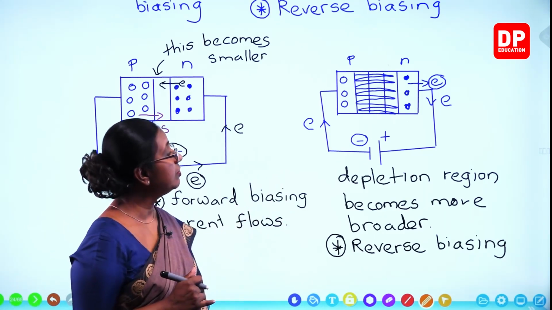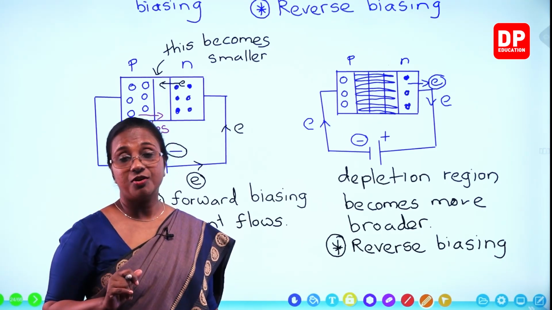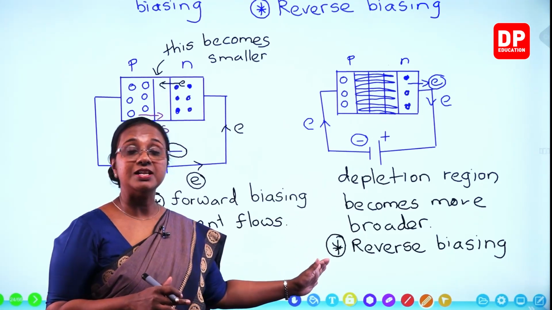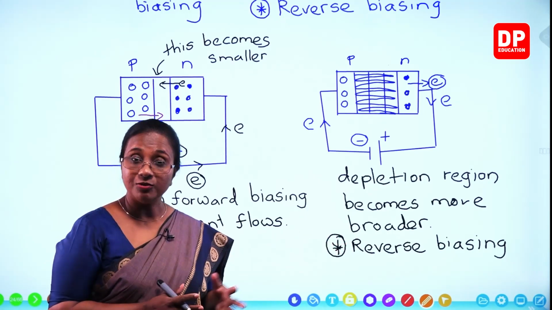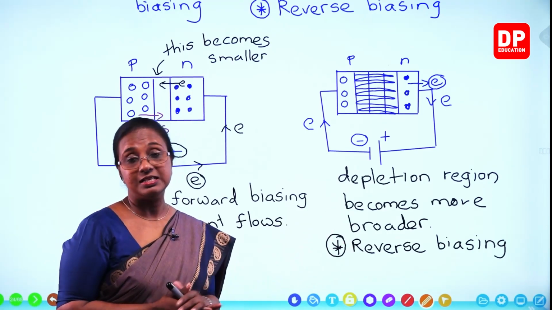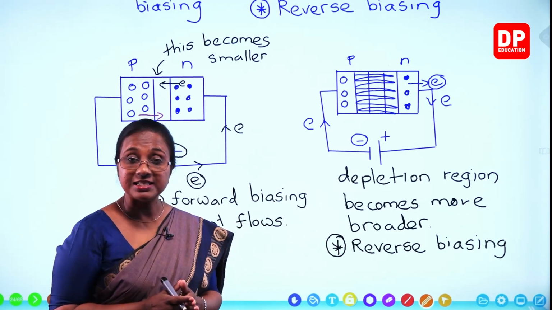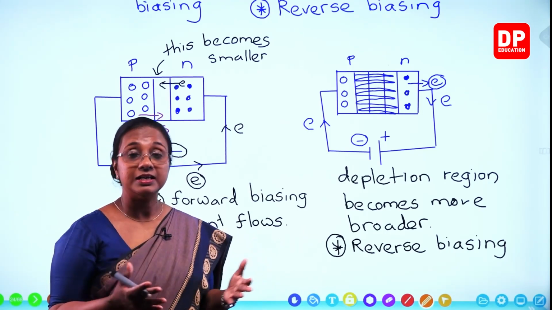Otherwise, there will be no current flow across the junction. Is that clear to you? So this will help us to use these PN junctions in certain circuits. We will try to understand that after this discussion. So with this, students, I'll move on to the next slide where I will discuss the same biasing procedure again with you.